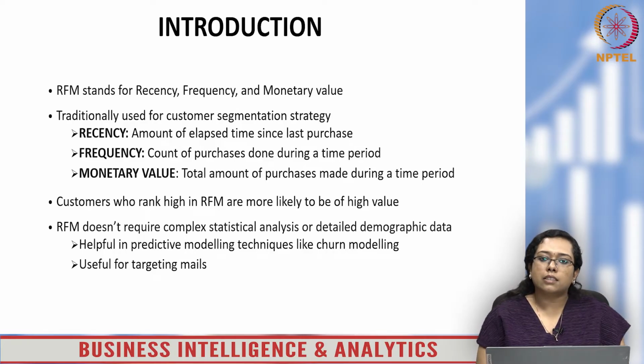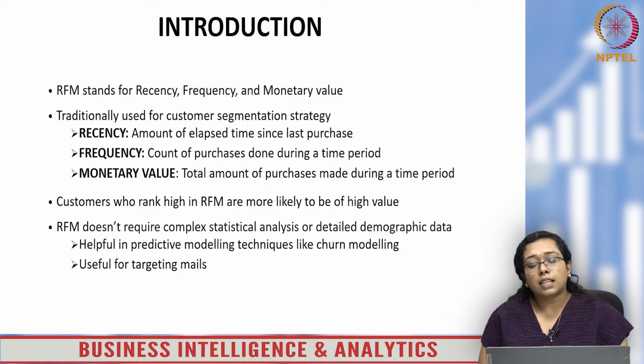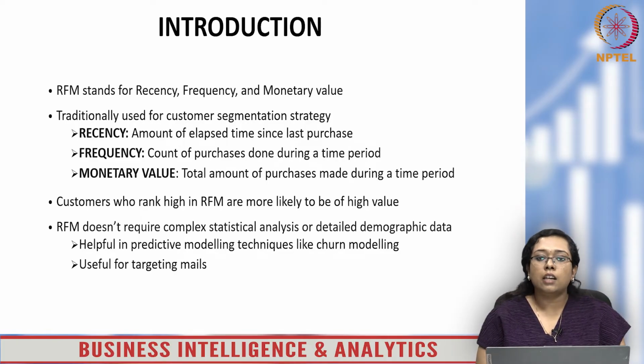So, direct marketing mails are not sent in a similar way to both zip codes. The zip code where people make very low value purchases is not marketed with items that are very costly. That is what is known as targeting mails, and RFM analysis is a very good method for it.